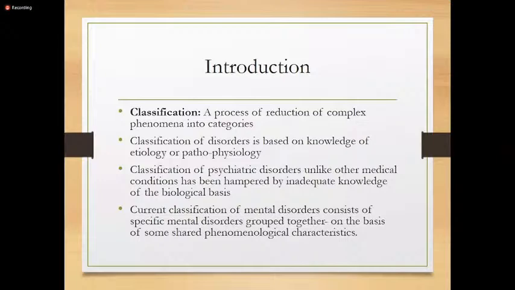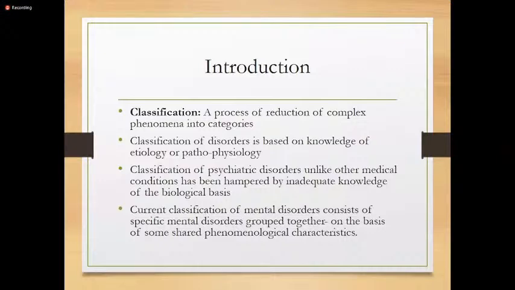But we still don't know the exact changes. We don't have simple ways of saying this one has a deficiency in dopamine, we have done a test and it is like this. So we cannot really say that we're using a biological basis for our diagnosis.